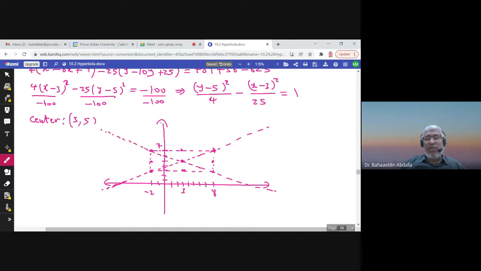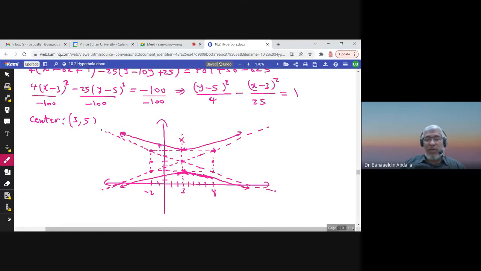Where are the vertices? Y is positive. So the vertices are here. Try to graph a curve that passes by the vertex and approaches the two lines, the asymptotes. Okay. Where are the foci?